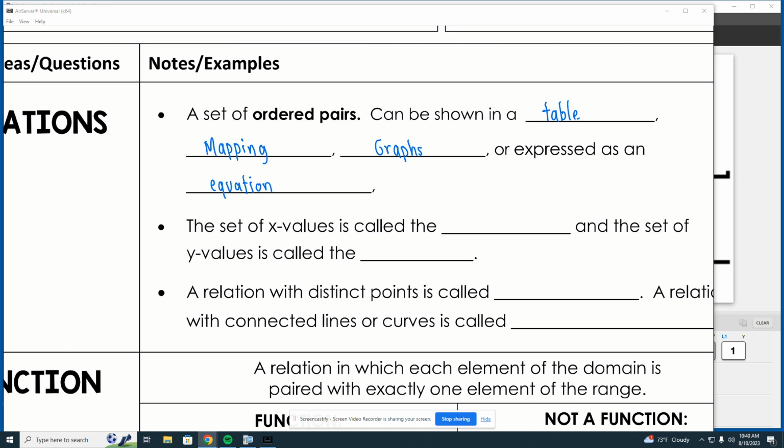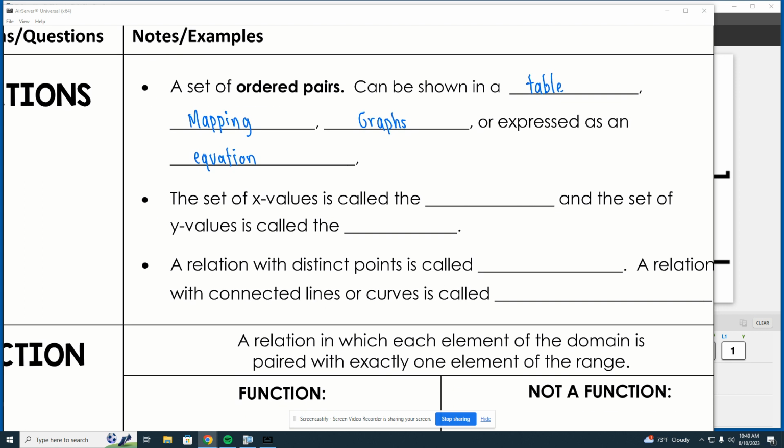Now, when we talk specifically about the X values, there's another name that we use to indicate the X values, and that is the word domain. The domain.